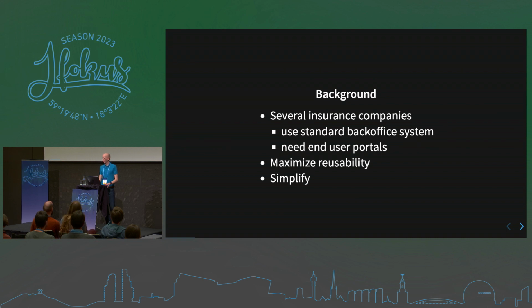We wanted to maximize the reusability, and we wanted to simplify, since the life and pension industry is quite regulated and has lots of complicated data models everywhere. We wanted to simplify it and only show the end users what they really need to see. Not too much and not too little.